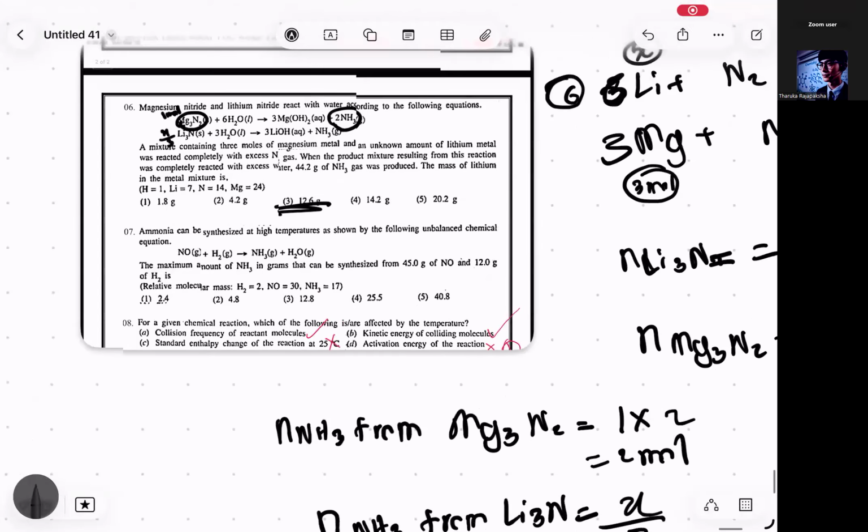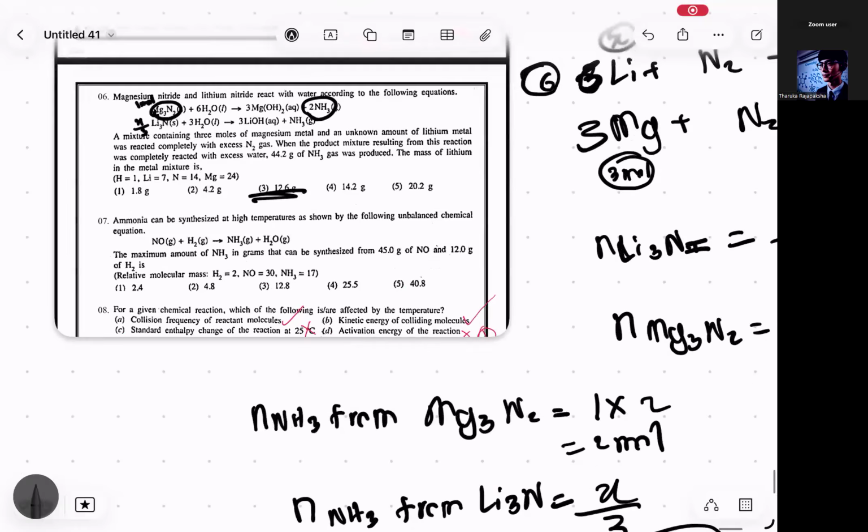7th question, let's see about that. That's also a limiting reagent based question.